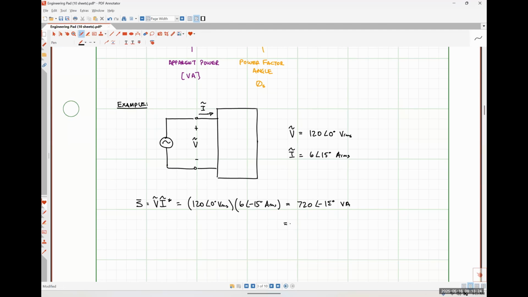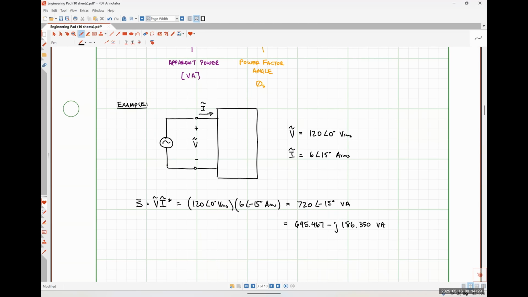or 695.467 minus j186.350 volt amperes in rectangular form.